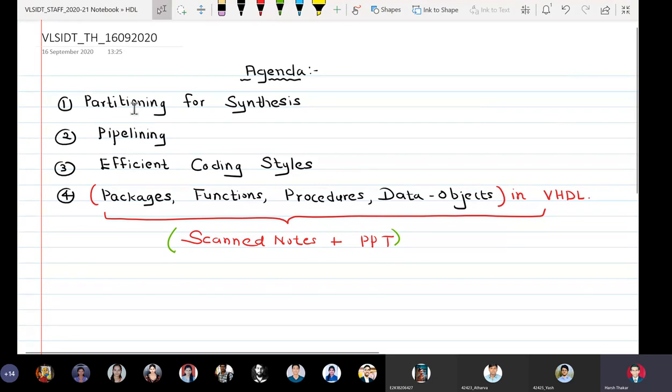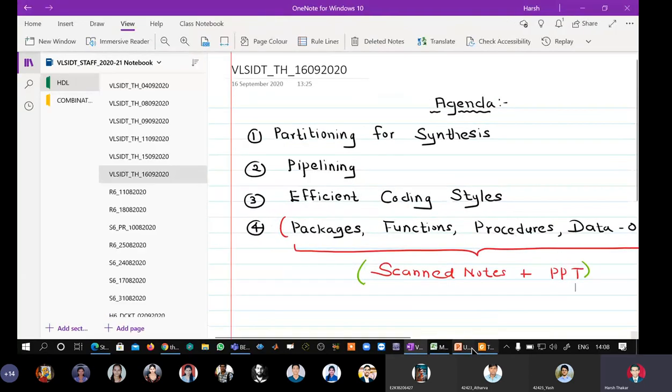For explaining the topics of partitioning for synthesis, pipelining, and efficient coding styles, I'll be using a PPT.